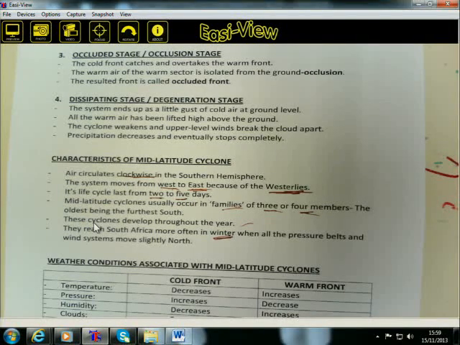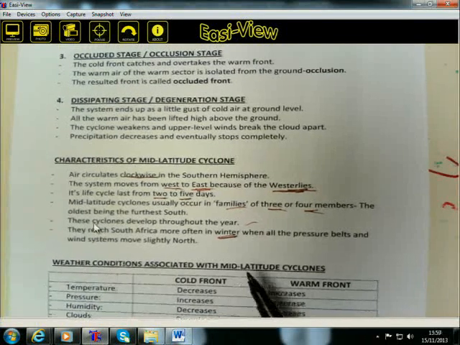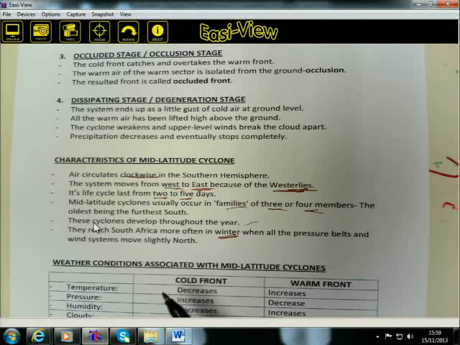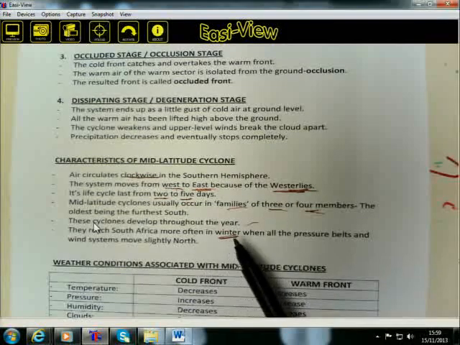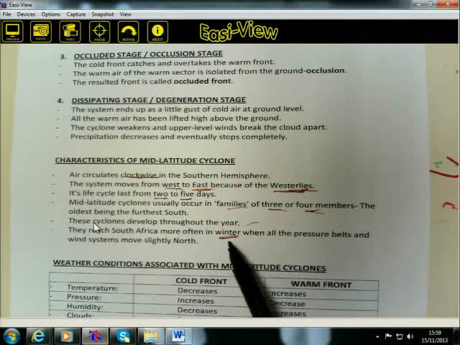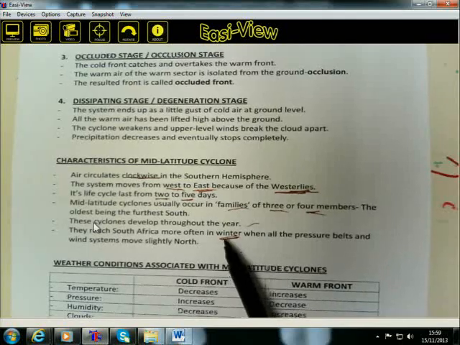When the sun is on the Tropic of Cancer in the north, then all the systems shift to the north. In summer, when the sun is directly on the Tropic of Capricorn, all the systems shift to the south. So because of the shifting of all the systems, in South Africa these mid-latitude cyclones affect the land during winter.